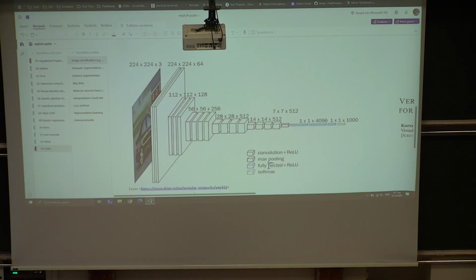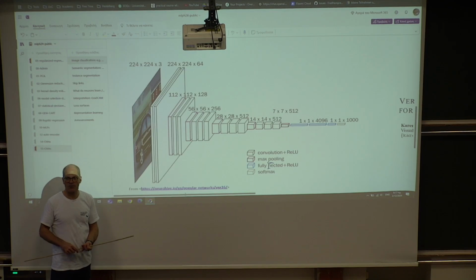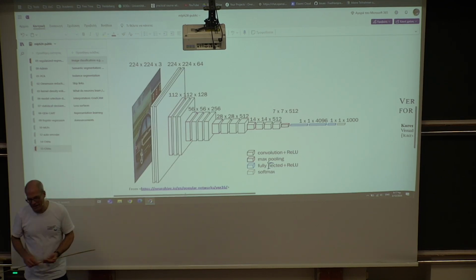And this view held for many years. And it is being challenged more recently. So if you have the training data and if you have the GPUs, then modern architectures like the ConvNeXt that I briefly mentioned last time, that are on par with vision transformers in computer vision tasks, there the filters are again becoming a little bit larger.